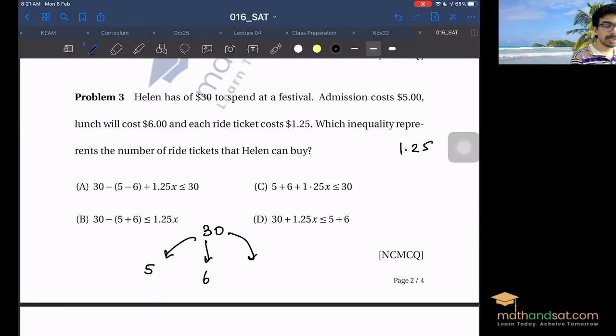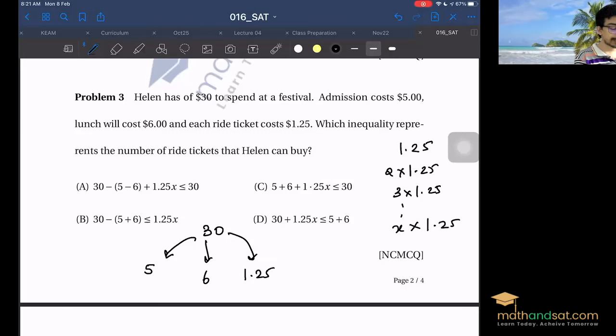Two will cost 2 times 1.25. Three will cost 3 times 1.25. And if you have X number of rides, it will cost X times 1.25. So that will be 1.25X. Yes. So the total expense will be $5 plus $6 plus 1.25X.